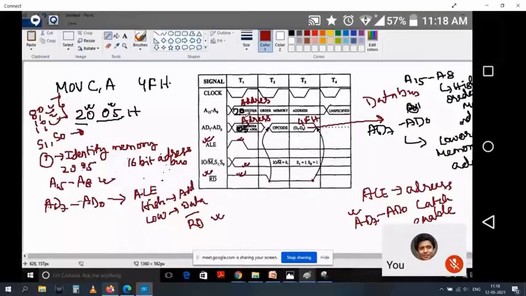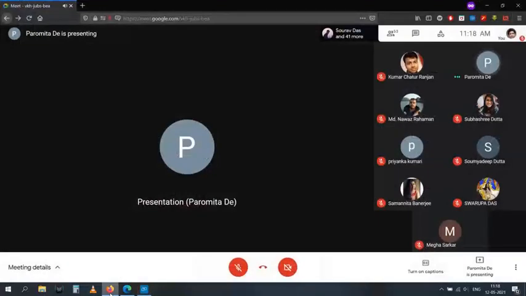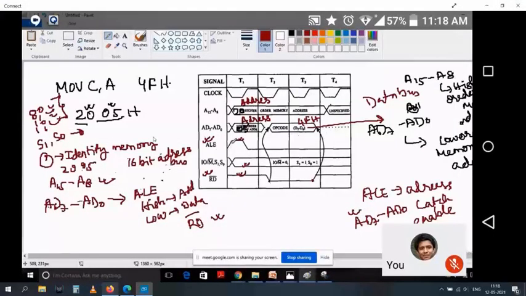First we have put A15 to A8, the high order 8 bits of the memory address, and here the ALE signal is high, so I am using AD7 to AD0 as an address bus and putting the other 8 bits of the memory address there.